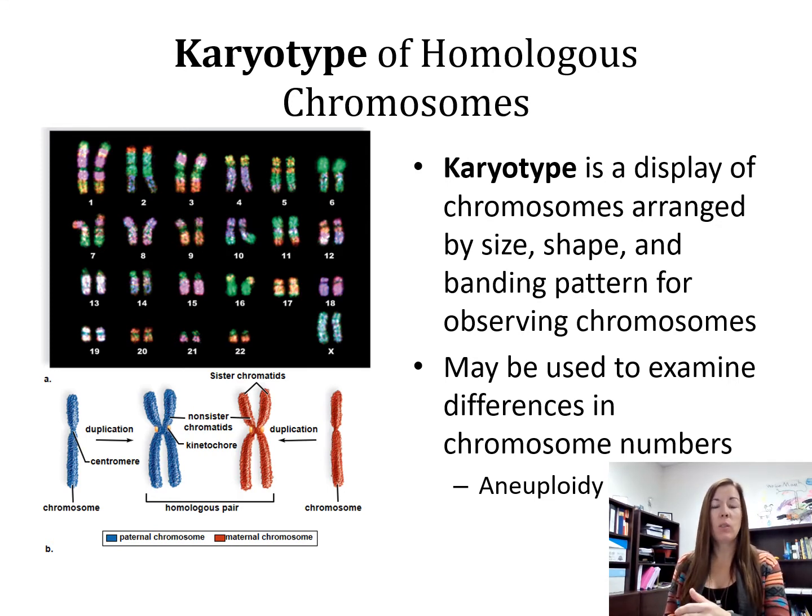It shows you all these chromosomes arranged by size, shape, and banding pattern. This is chromosome 1 all the way down to chromosome 23. Numerically, you get 1 through 22, and that's because that 23rd chromosome, since these are all body cells, is the chromosome that determines sex.